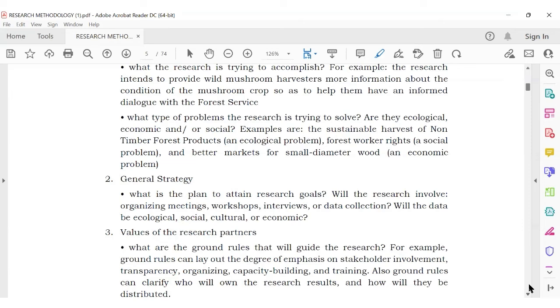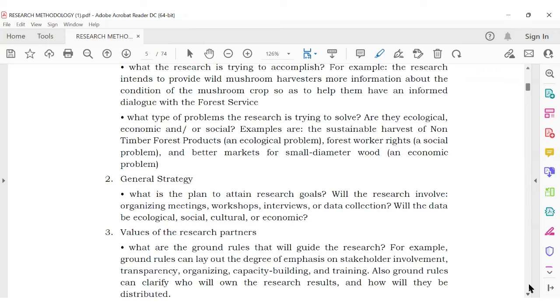For this, what type of human resource will you require, how many people, what is expected of them, what is the role of finance here, who is going to fund it, how you are going to get that funding, how you are going to reach the stakeholders, and how your research will involve organizing meetings, workshops, interviews, and data collection.